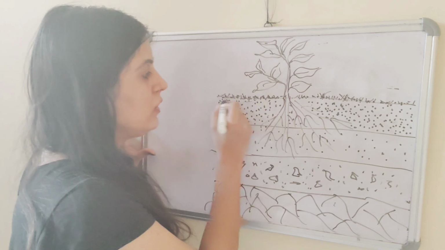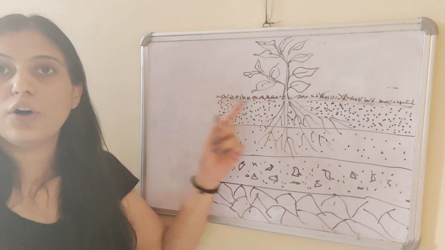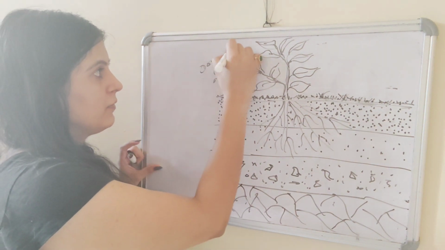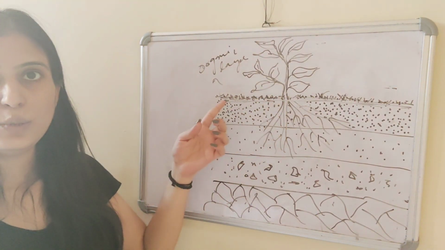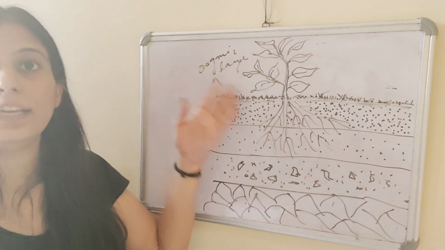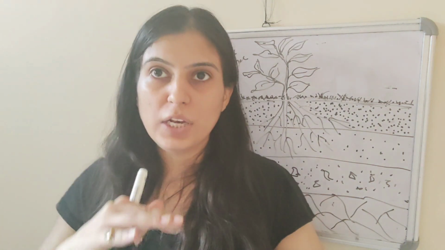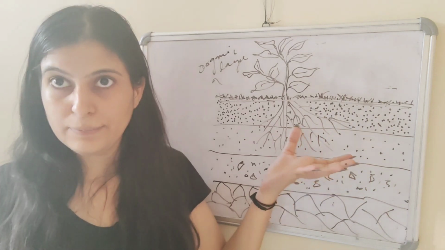The topmost layer of the topsoil is called the organic layer.